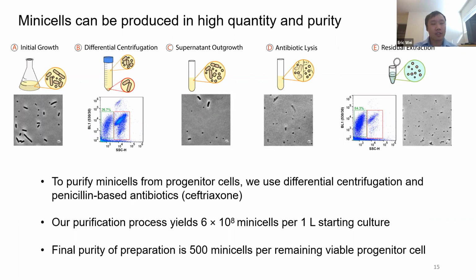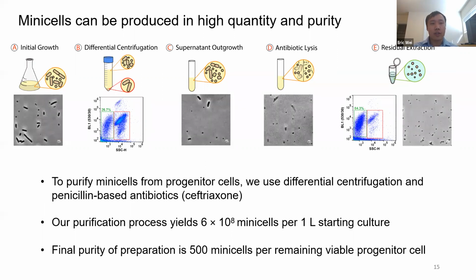To get good differential between mini cells and progenitor cells, you can use centrifugation techniques to separate the two. You first grow up a large culture of the mini cell producing strain. Then when you pellet, you pellet most of the progenitor cells, leaving mini cells in the supernatant.